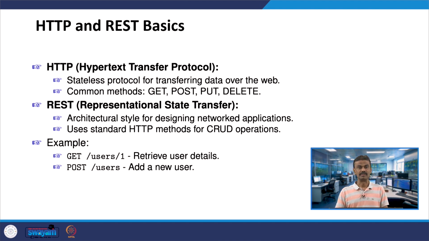Suppose we use GET /user/1. The GET method will retrieve user details, and another one is POST /users, which will add a new user. So, this is the basics of HTTP and REST.